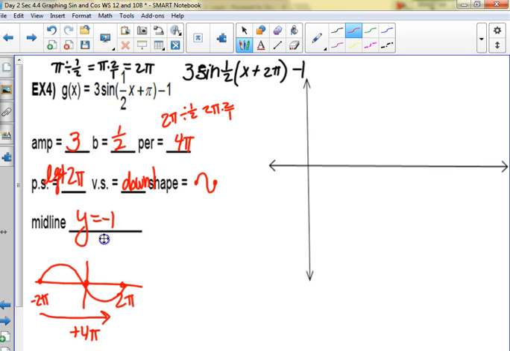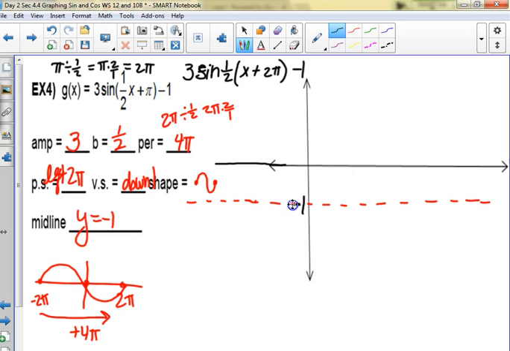All right, now I got to go back and do the rest of this, which is to shift it down 1. Its amplitude is 3.